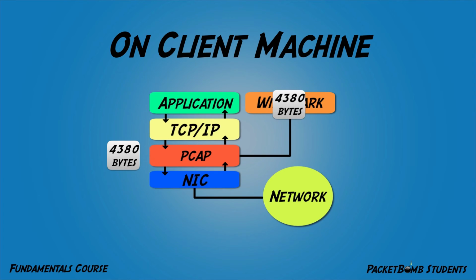Now, TCP/IP needs to break this up into the appropriate size chunks of data that can go on the network according to the MTU. But we have something called segmentation offload. This is a feature in modern operating systems and NIC drivers where, instead of TCP doing it, the NIC card does it, and it is a performance boost so that we offload this to the hardware on the card.